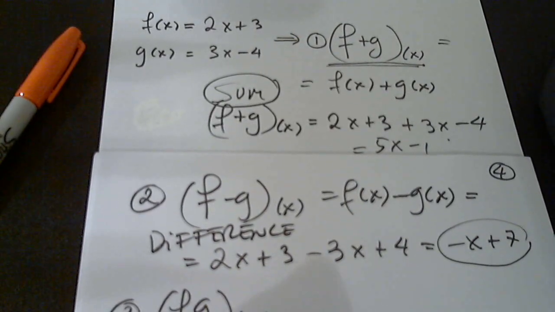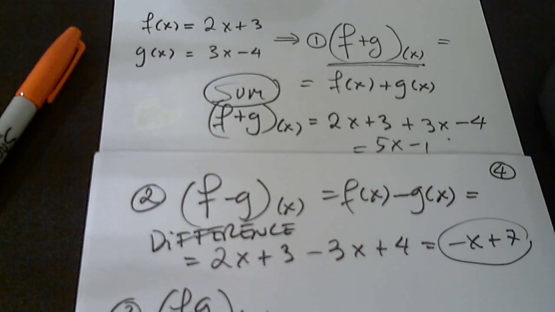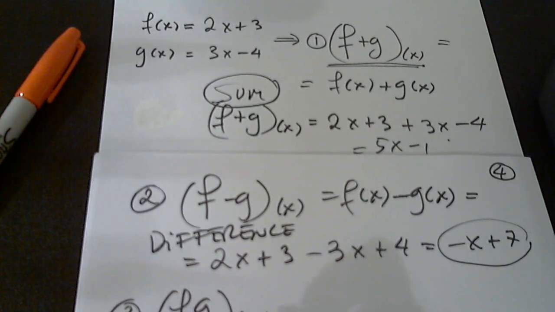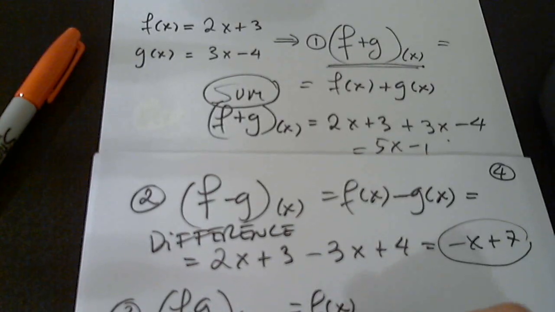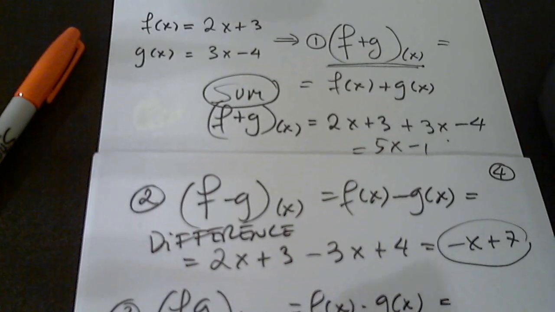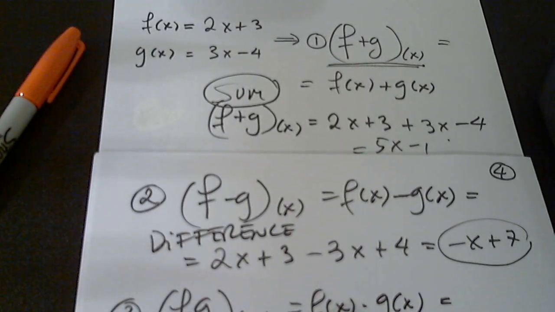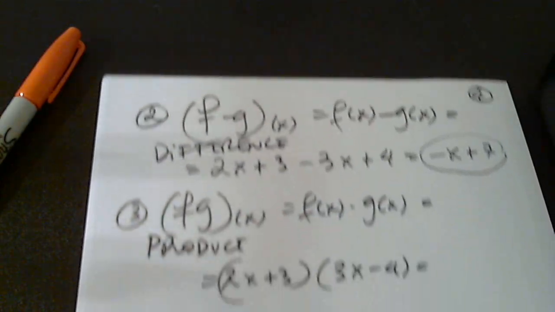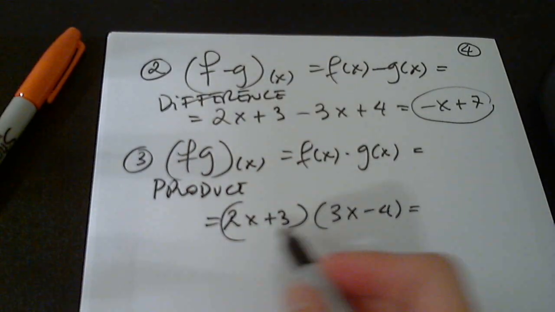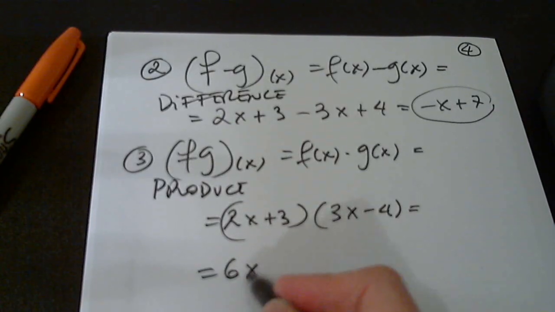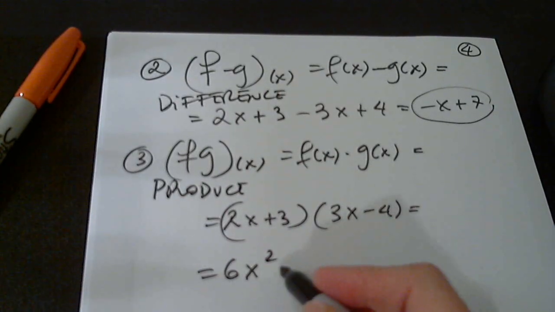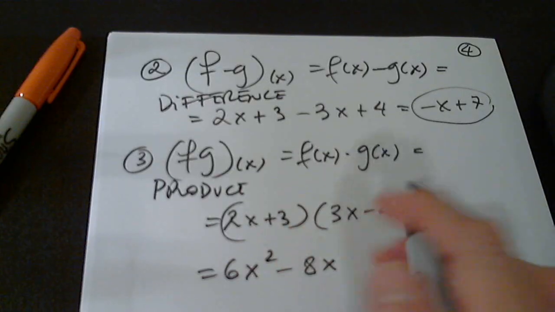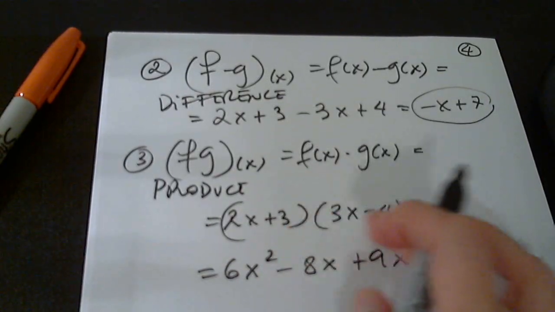So this is the product. fg of x, of course, this is f of x times g of x. So I will be writing side by side 2x plus 3 times 3x minus 4. And I distribute 2x to 3x, 6x squared, 2x to negative 4, 3 to 3x, and 3 to negative 4.